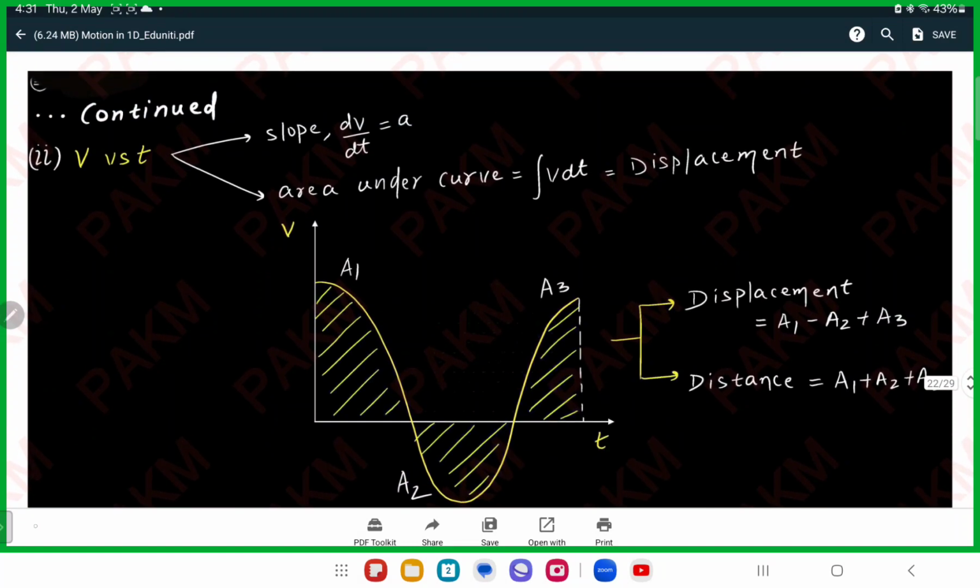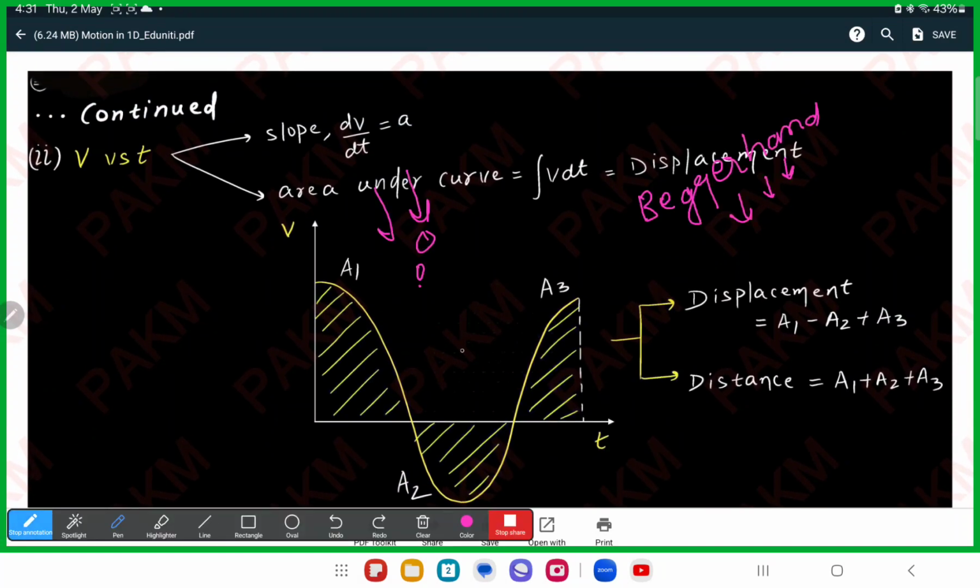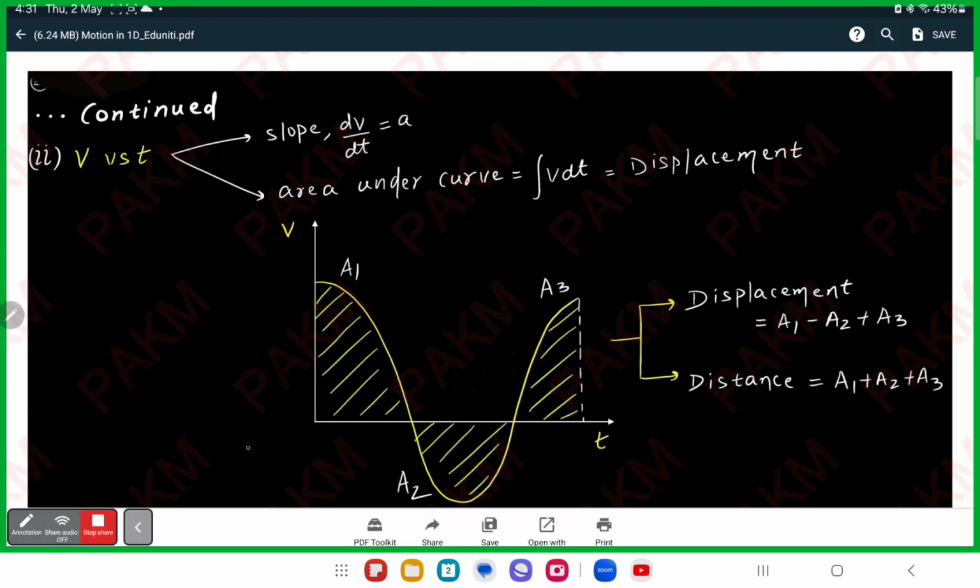Here, when calculating displacement from acceleration, if it comes down, there is a negative area, this is a positive area, this is a positive area. So for overall displacement we have to keep the value with sign, and for distance we have to add only without sign.